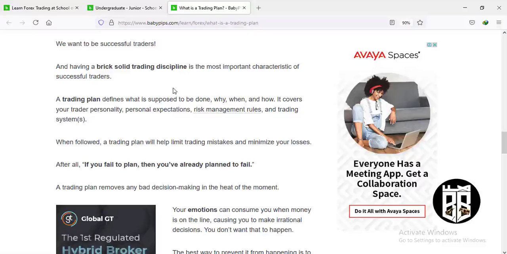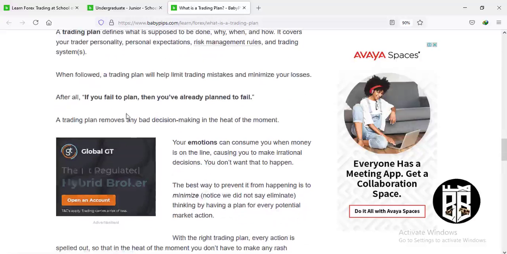It covers your trader personality, personal expectations, risk management rules, and trading systems. Now you might be asking: when, why, and how should it be done? My personality, my expectations, my risk management, how much I'm risking, and trading systems. Now you might be saying, what is a trading system? A trading system is just part of the trading plan.